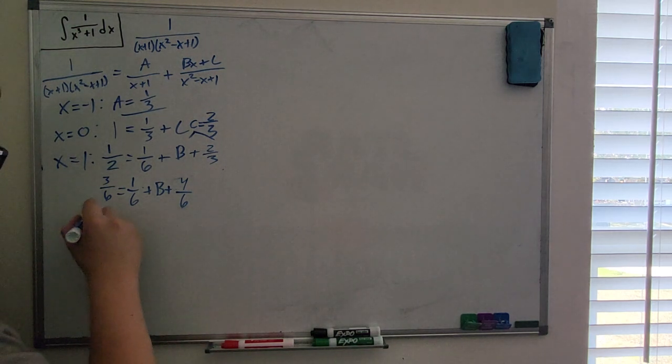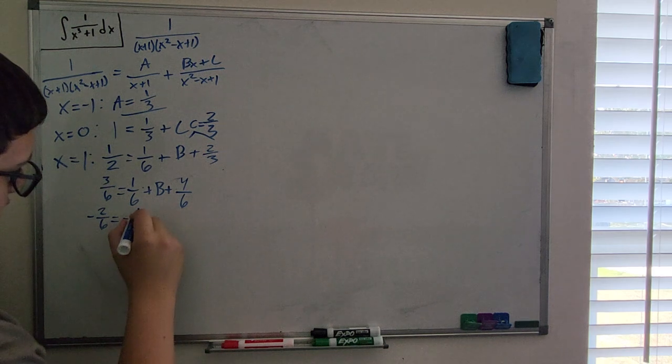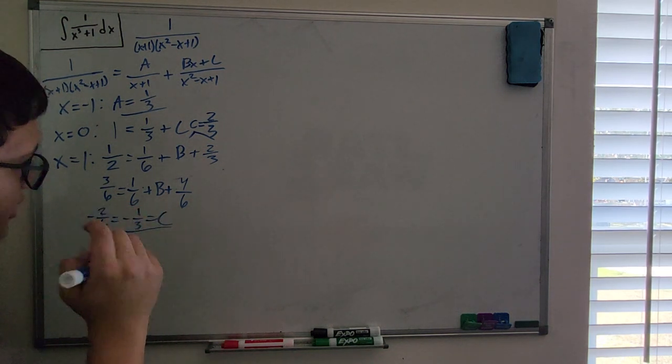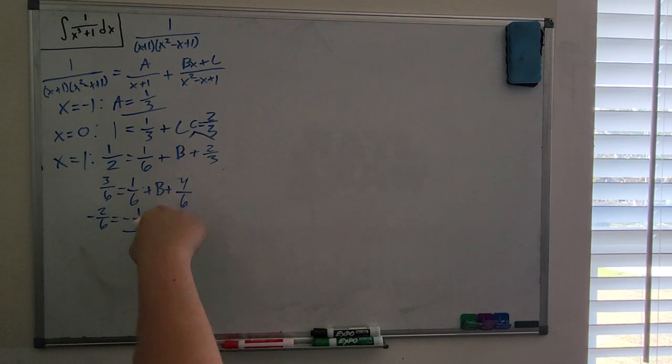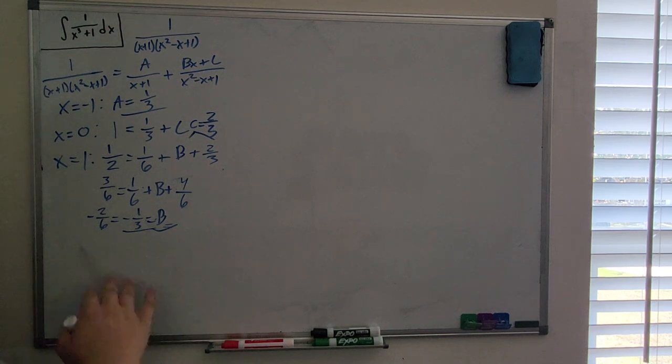That'll be negative 2 over 6, which is just negative 1/3, right? Yeah, so C is good. Now we have our A's, B's, and C's. Also, I can't do it because it's not C, it's B. My fault. Oops. It's B, not C. That was my bad. Okay, so now we can just rewrite.